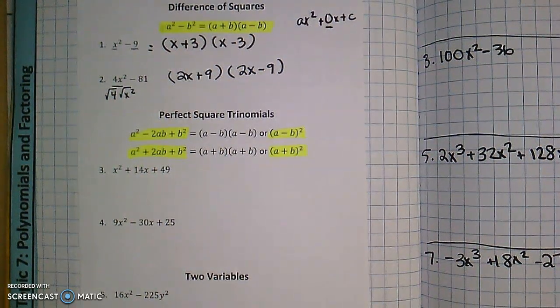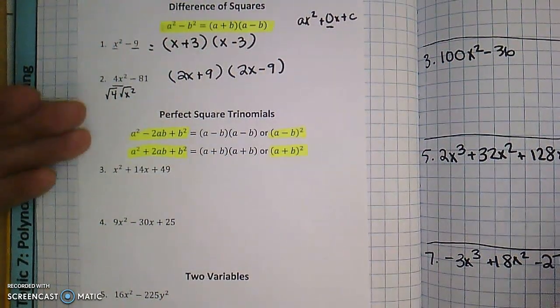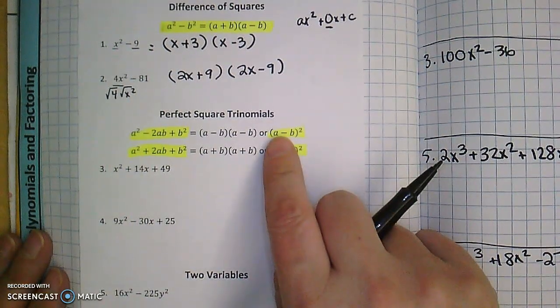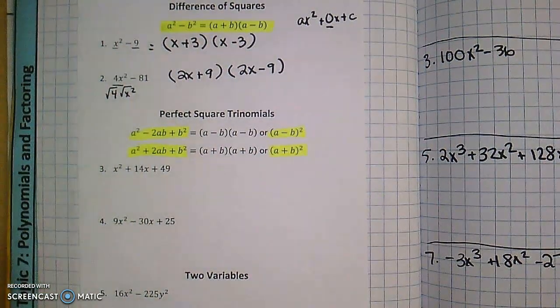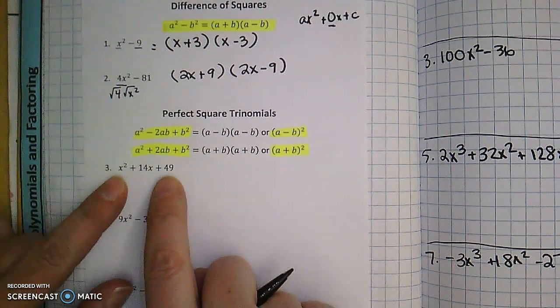Okay, so I'm going to show you how we factor the perfect square trinomials, and we're going to start with example number 3. All right, to determine that this is indeed a perfect square trinomial, because I want to make sure that it is a perfect square trinomial before I start factoring it using that rule, I'm going to look at the first term and the last term.